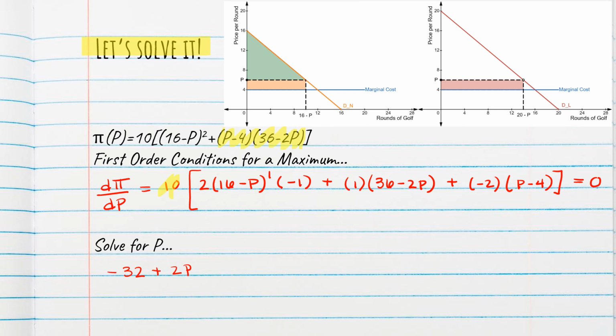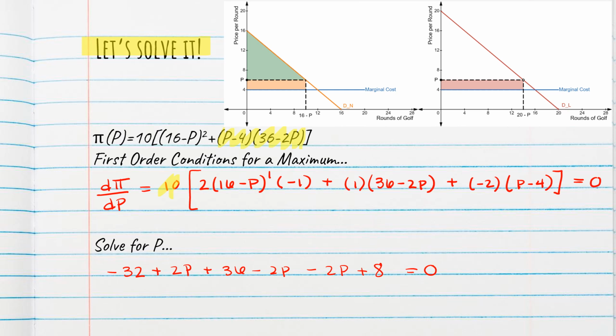So that was me simplifying this first term. Then I have, let's see, plus 36 minus 2p. That one was easy. I have to deal with this negative sign. Negative 2p plus 8 all equals 0. So let's collect terms. What am I going to collect?